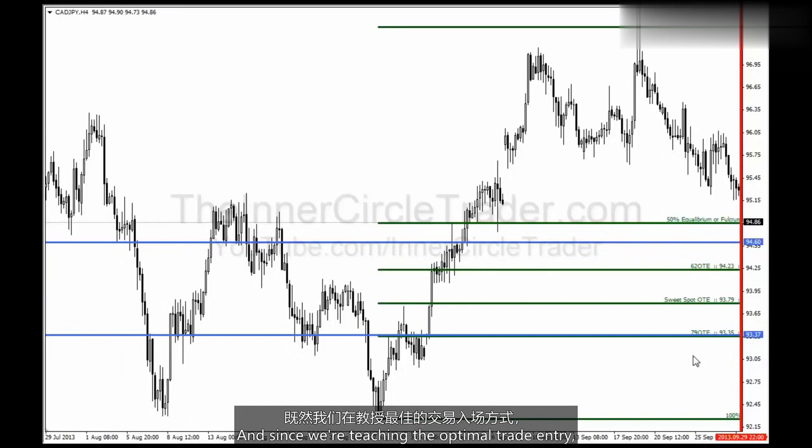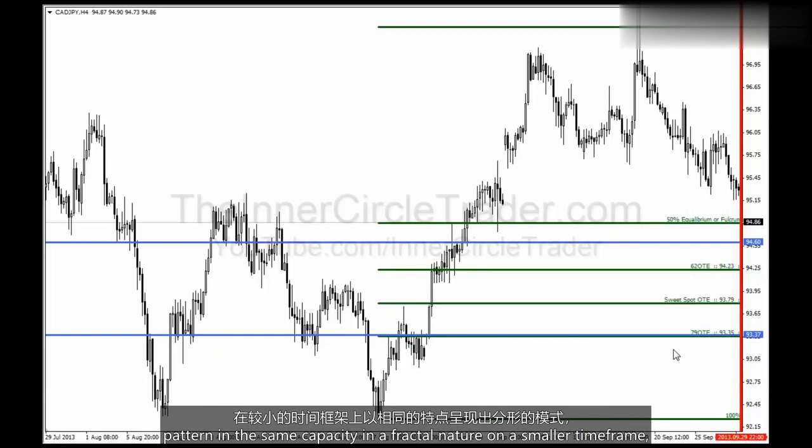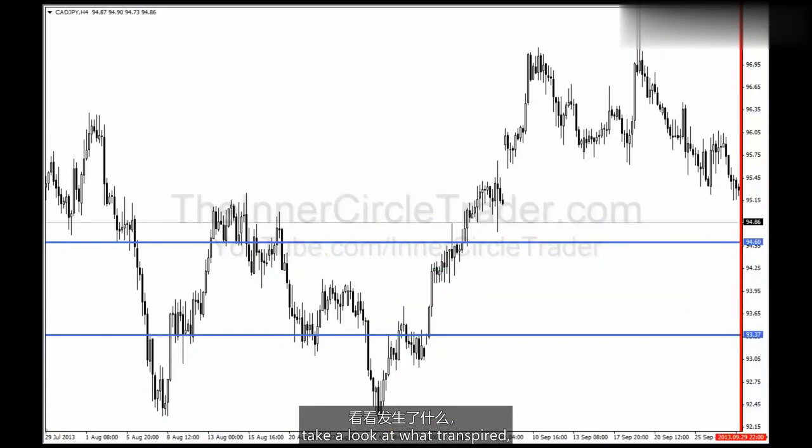And since we're teaching the optimal trade entry, which is the retracement inside of a price swing between the 62 and 79 retracement level, we would like to see a price pattern in the same capacity, in a fractal nature, on a smaller time frame, i.e. 5-minute, 15-minute.